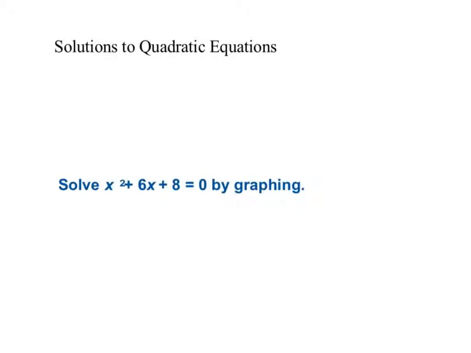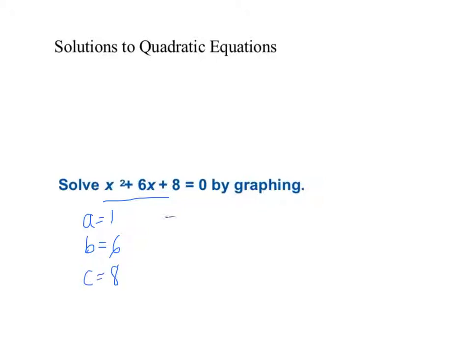So one way that you can solve a quadratic equation by graphing is to graph it by hand. We've already learned how to do that in the last one, especially if it is written in standard form like this one is. We have A is 1, B is 6, and C is 8.